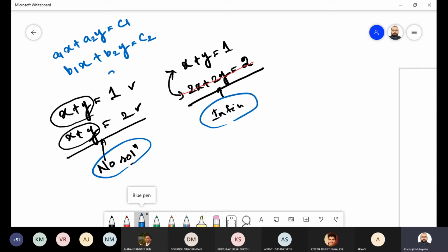You can see a1 b2 minus a2 b1 equal to 0, or not?